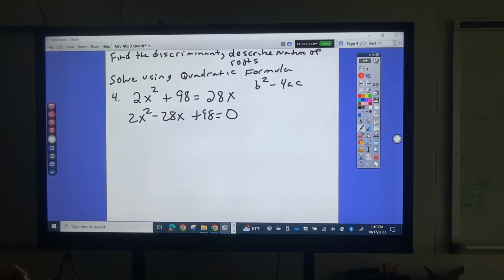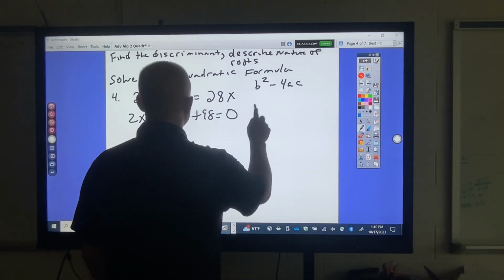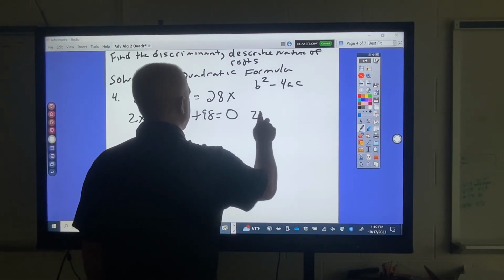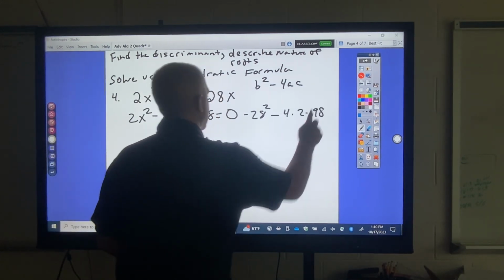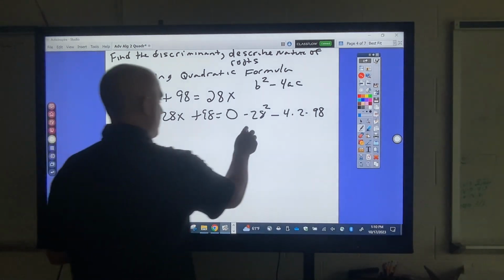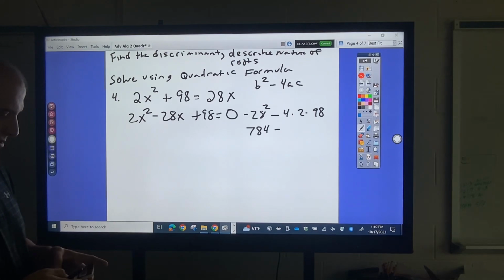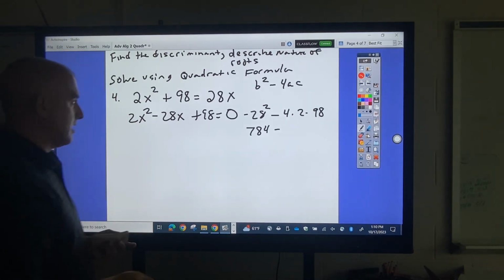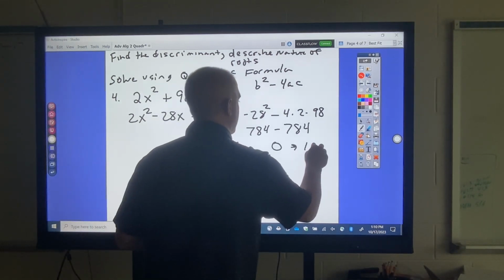So what I got here, let's redo this. This is going to be negative 28 squared minus 4 times 2 times 98. 28 times 28 is 784. 4 times 2 times 98 is also 784. That's going to be 0, which means I'm going to have one rational.